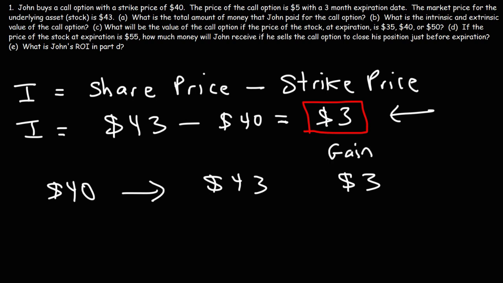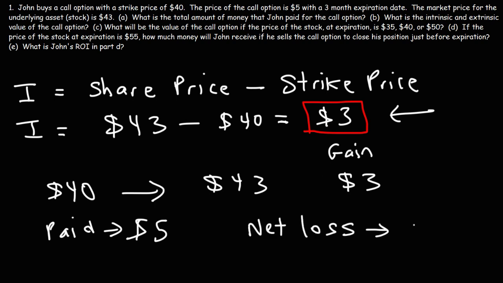That is if he wants to exercise his right to buy the stock at this point. However, he paid $5 for the call option. And so if he exercises his right to buy the stock at a lower price, he's going to have a net loss of $2.